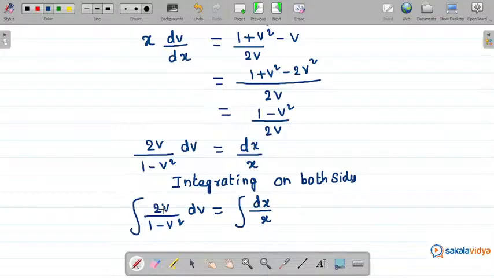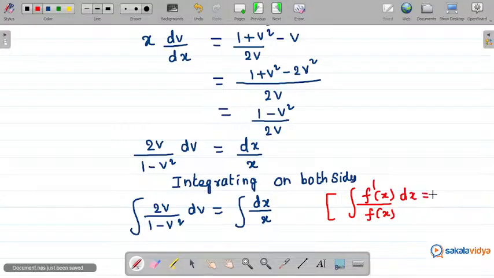But it seems to be rather the f dash x by f of x formula. So write down here: the integral of f dash x by f of x dx equals log mod f of x plus constant of integration. I hope it is very clear.